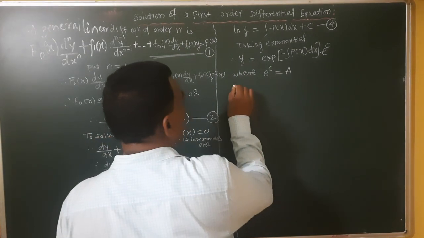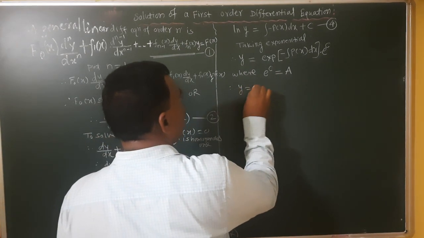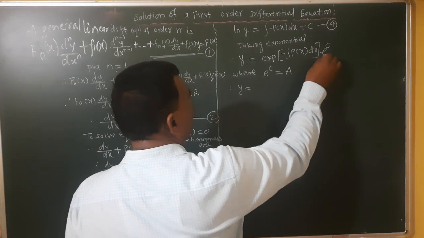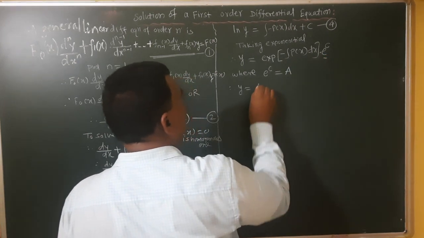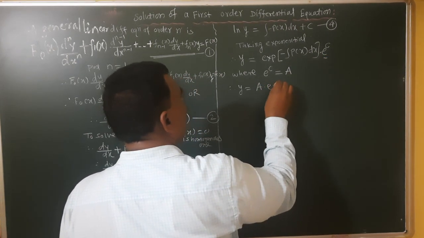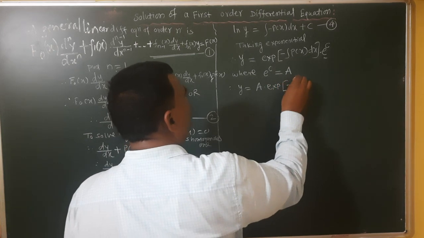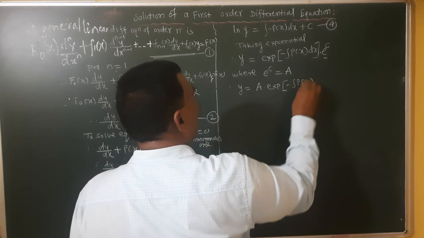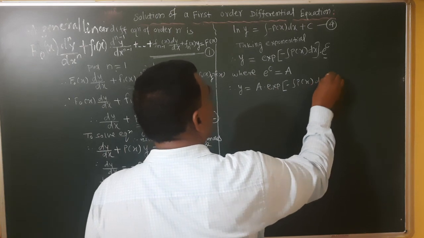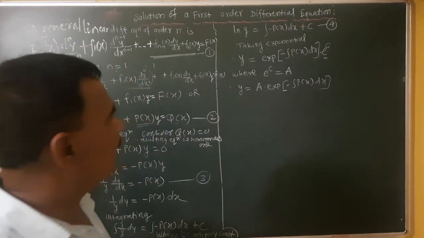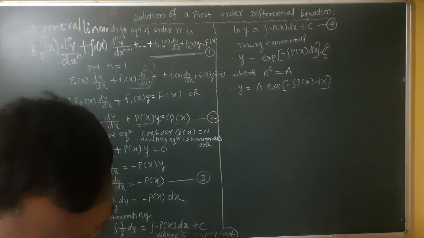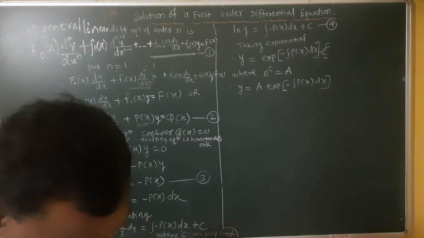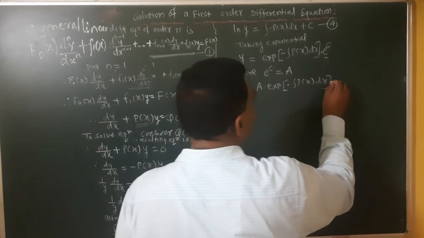Therefore y is equal to A into exponential of minus integration of p of x into dx. This is equation number 5.